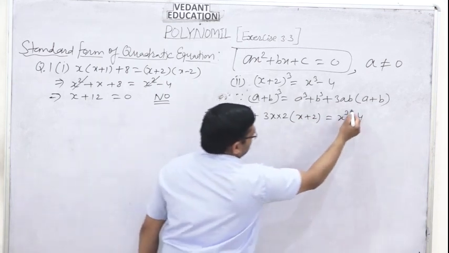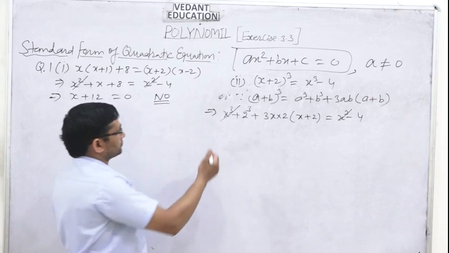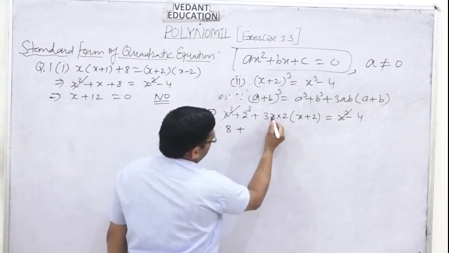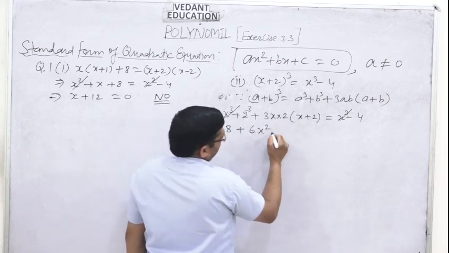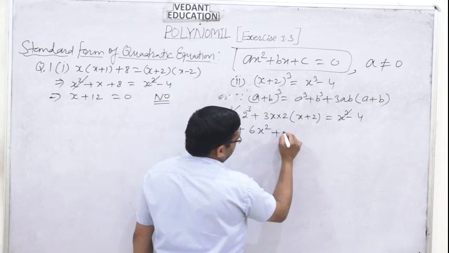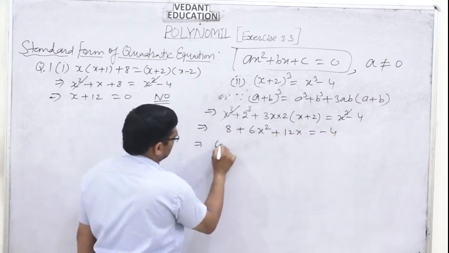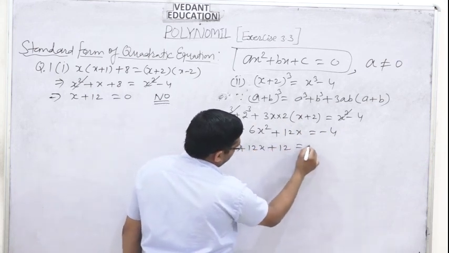Again x cube is cancelled by x cube. The left hand side and right hand side both have equal terms. 2 cube is 8, plus 3 times 2 times x times x, that is 6x square, plus 3 times 2, 6 times 2, that is 12x, is equal to minus 4. So that is 6x square plus 12x plus 12 is equal to 0.